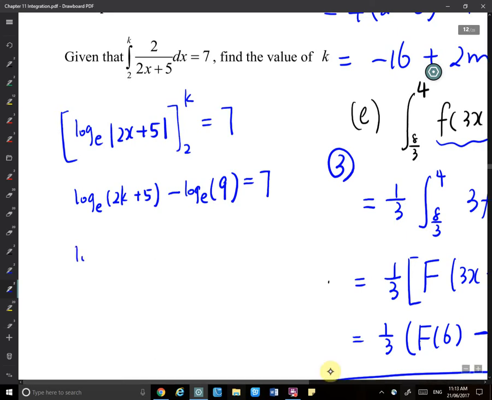Okay, so log e of 2k plus 5 equals 7 plus log e 9, where 7 is log e to the power of 7.